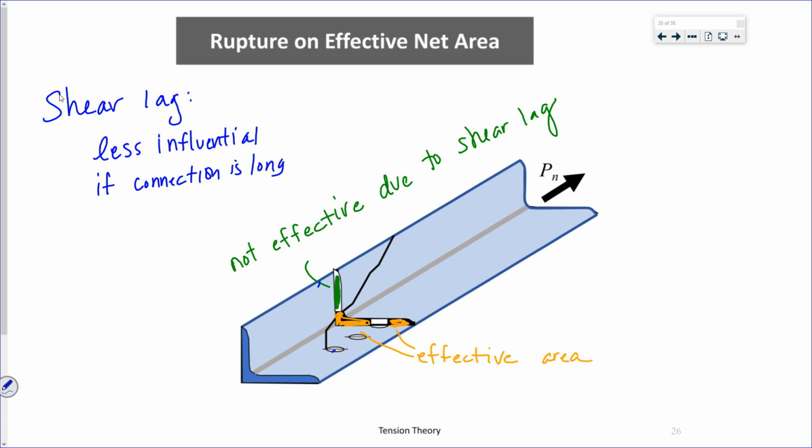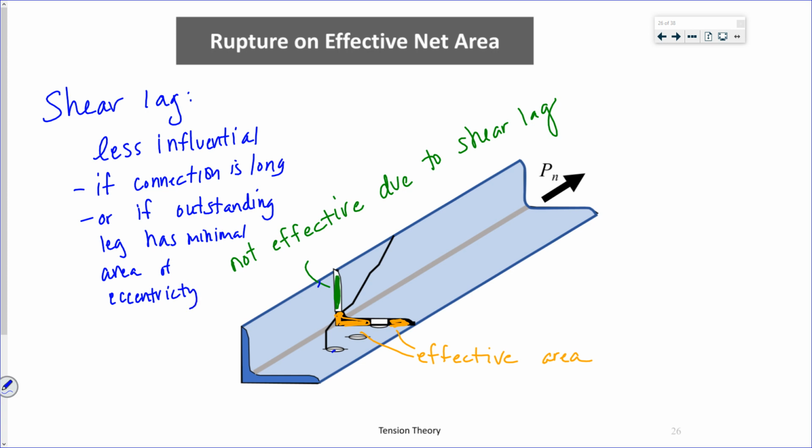So it's less influential if your connection is long, or if your outstanding leg has minimal area of eccentricity, as in if this was shorter, right?